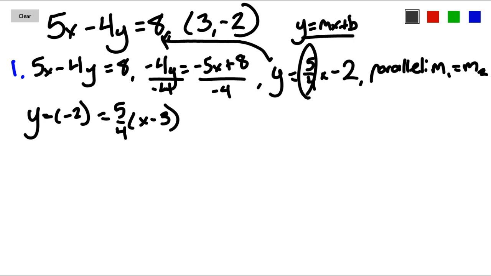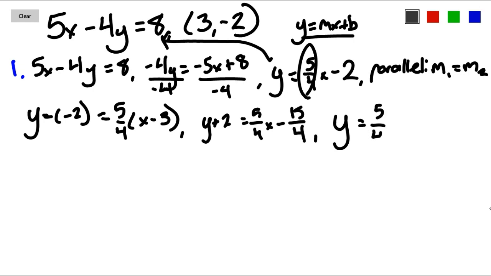Okay, and then all you got to do is simplify and isolate y. So I have y plus 2 is equal to 5 over 4 x minus 15 over 4. And then I subtract the 2 from either side to isolate y. So I have y is equal to 5 over 4 x, and you're going to subtract another 2, so this is minus 23 over 4.